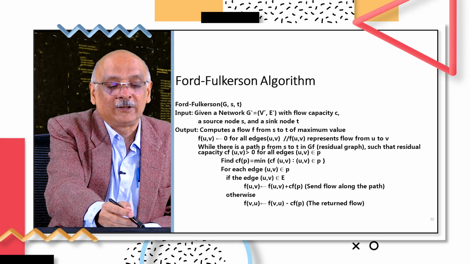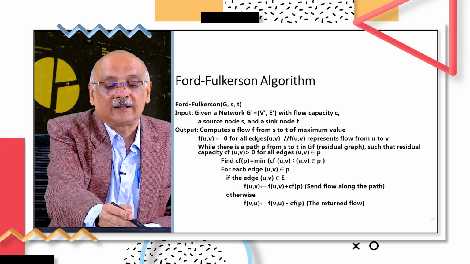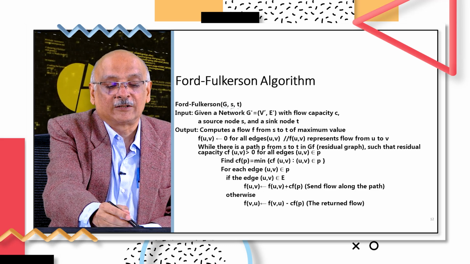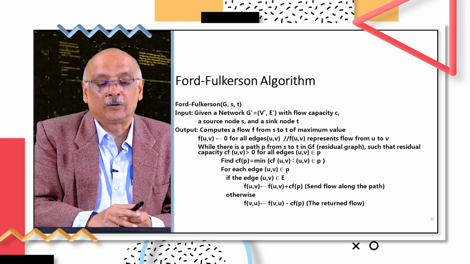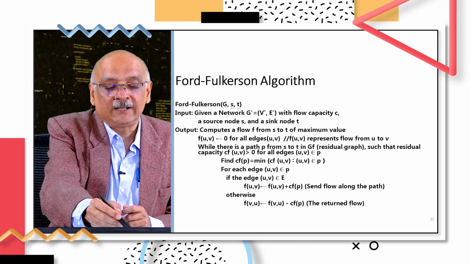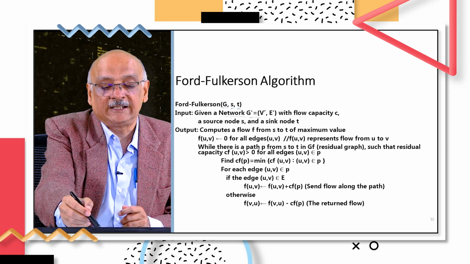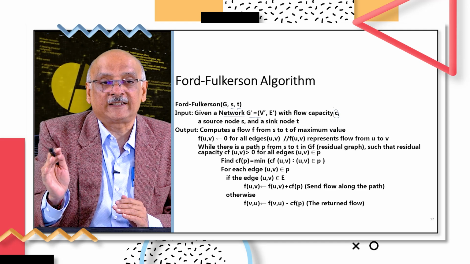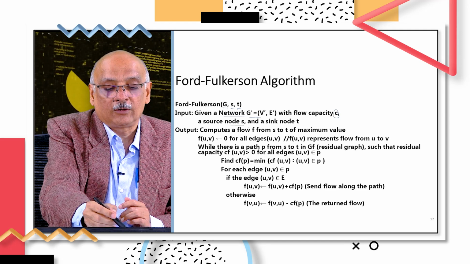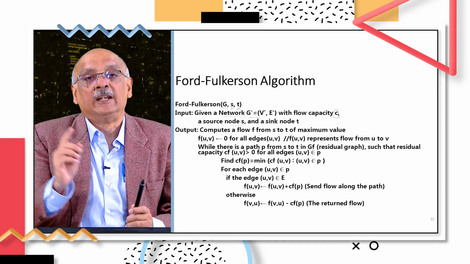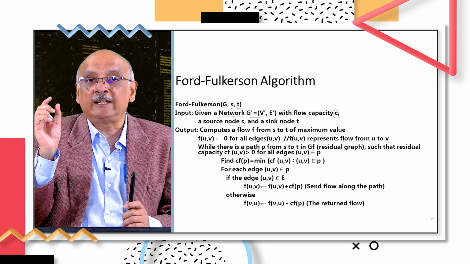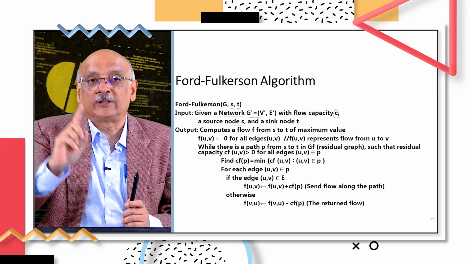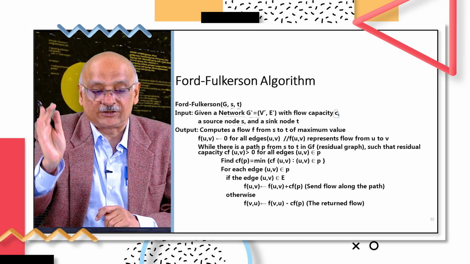So what the Ford-Fulkerson algorithm says is that a graph is there, with the start node, the source node, and the sink node. Given a network G'(V', E') with flow capacity c, a source node S and a sink node T. Flow capacity c is actually an array which refers to every edge, so there is a capacity with each edge uv.